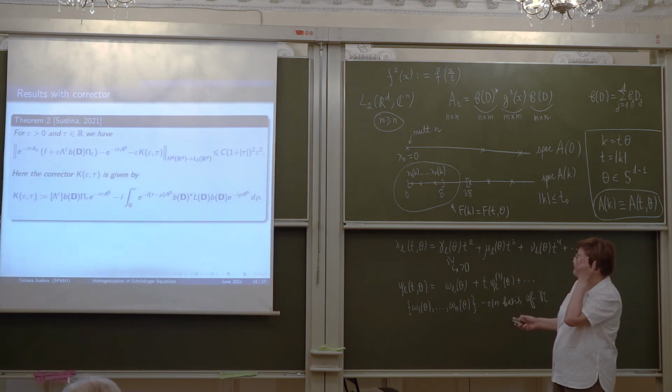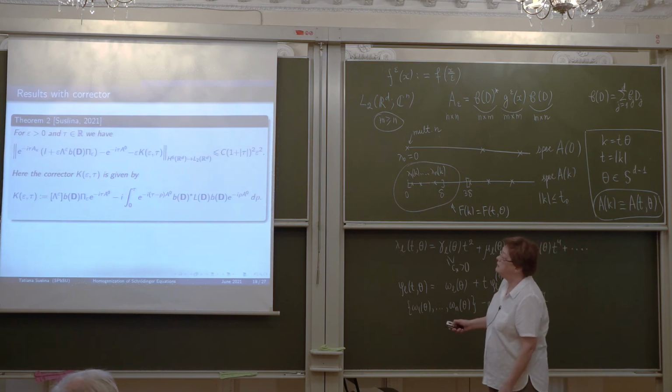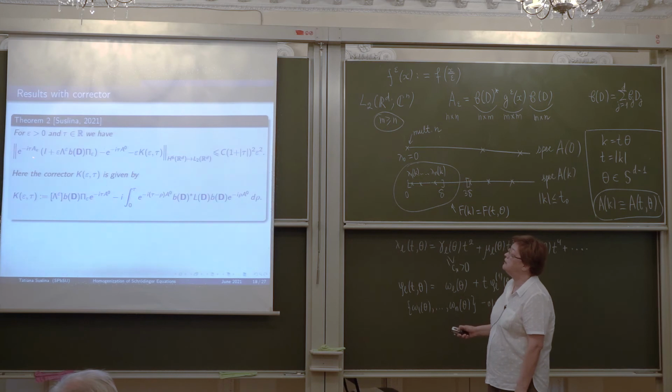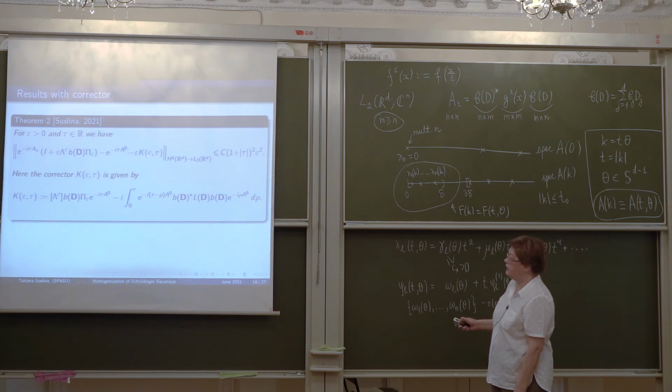Now, new result, theorem 2. As I told above, we obtain approximation not for the exponential, but for the exponential multiplied by this operator. Approximation is given by the sum of two terms, the exponential of A naught and some character k multiplied by epsilon.